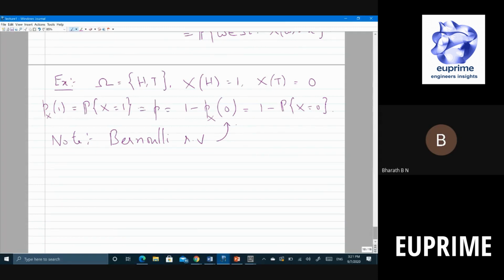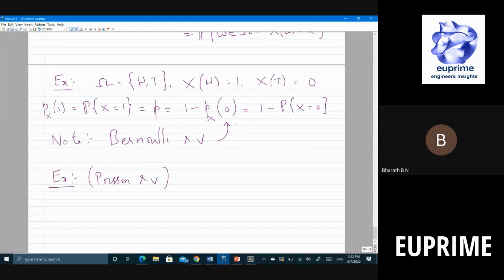So this is what we have with respect to a discrete random variable. Let me give you one more example. Himanshu has given an example for a discrete random variable which is binomial. So let me give you an example of a Poisson. We will be looking at this particular random variable in detail, the Poisson random variable.